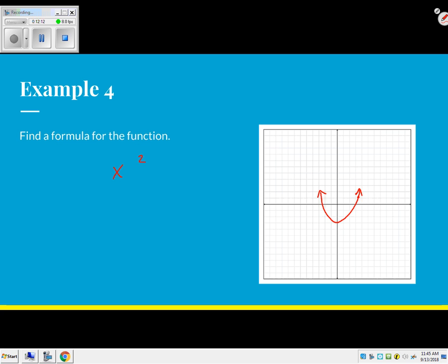Now, the U did not move left or right, so I don't have to do anything inside. Instead, what it did was it came down 1, 2, 3 units. So if it comes down 3 units, that was outside the function. And everything outside the function makes sense. So my function is just going to be x squared minus 3. That would give me this graph.